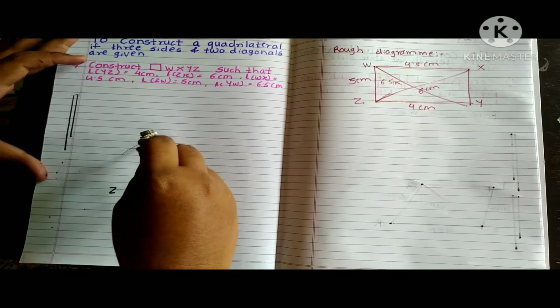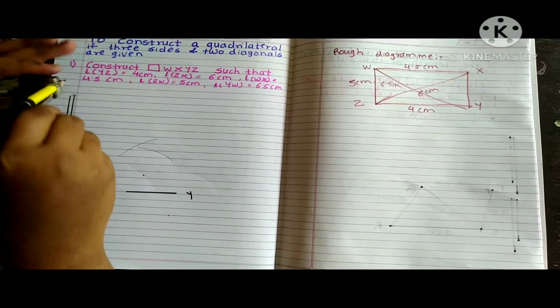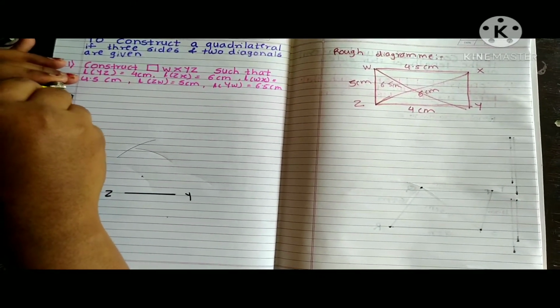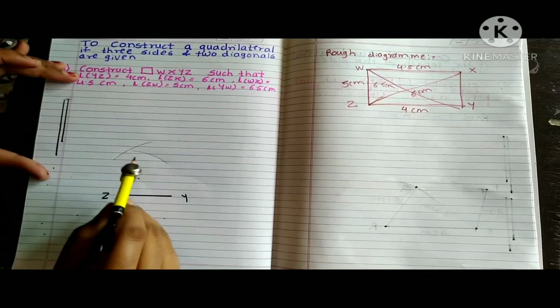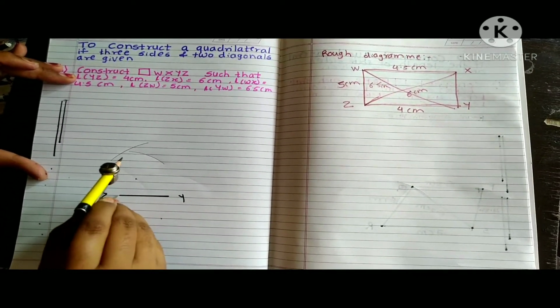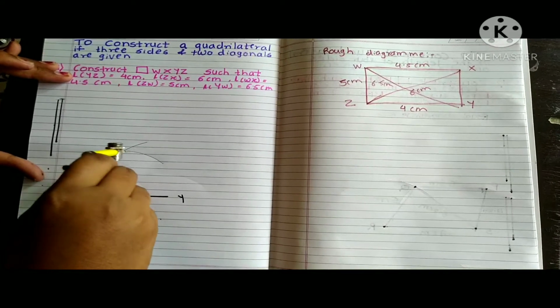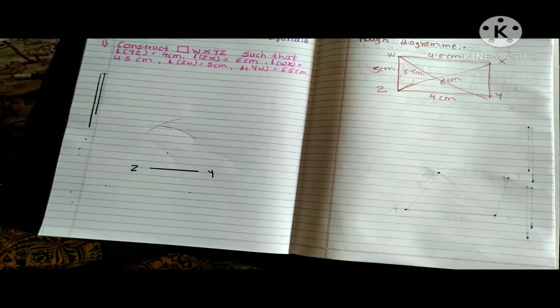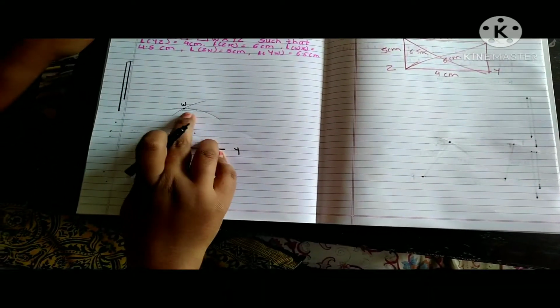So approximately somewhere here it will be YW. It is ZW. So this is point W, which we get with the help of two lines.